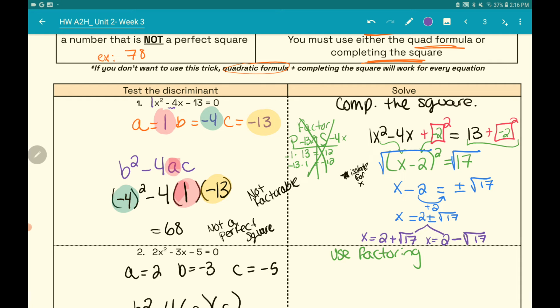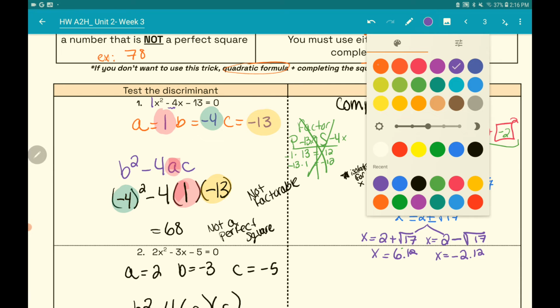Now if I check this in my calculator, I do get decimals. 2 plus square root of 17 is equal to 6.12. And 2 minus the square root of 17 is equal to negative 2.12.